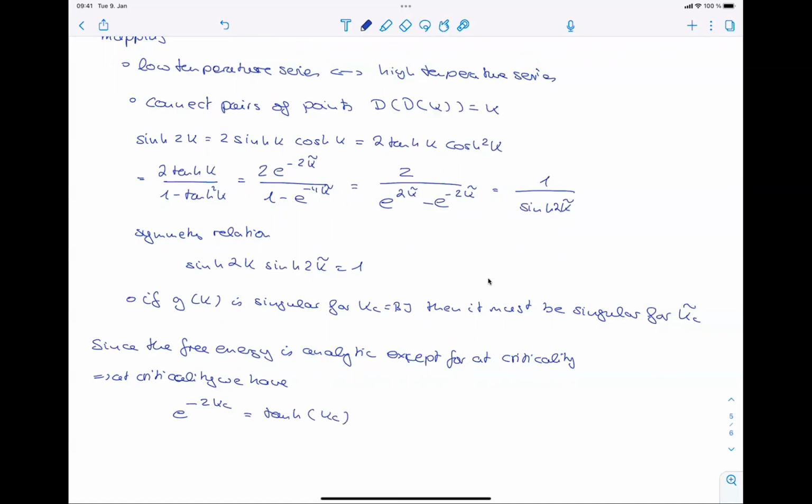So the mapping, they have to map onto each other. The critical points are the only points that really have to map onto each other.